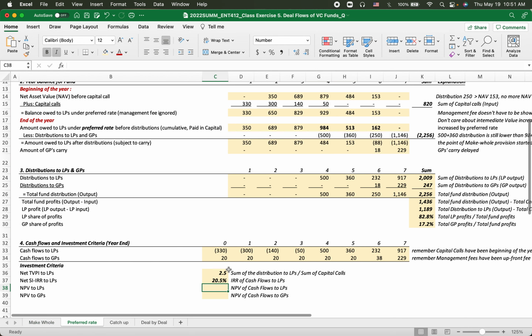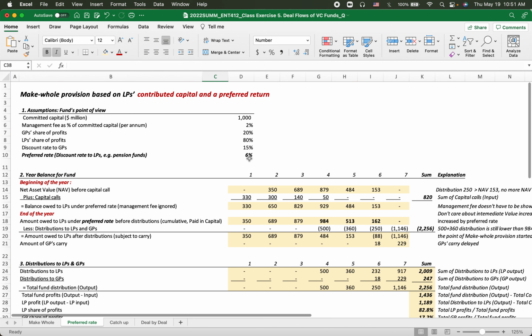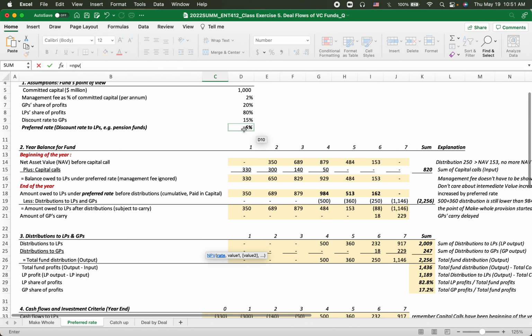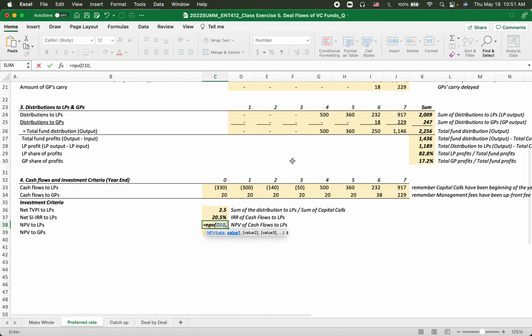And then the NPV to LPs. Okay, NPV is for the pension fund here in this case with the 6% preferred rate. So when you calculate NPV, we use the LPs' discount rate of 6% because they also want to show the net present value of this investment to the pension fund investors, right? So we use this NPV number from year 1 to year 7, and then let's add the first year.